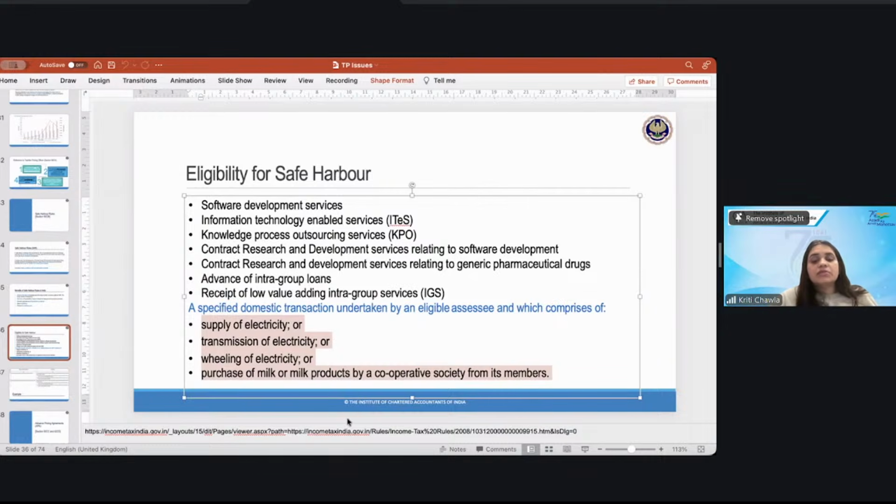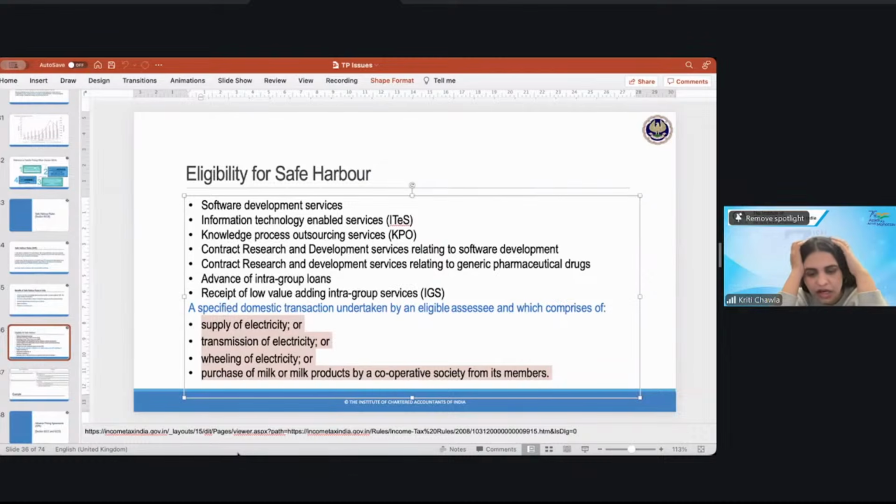Now, when it actually comes to safe harbor, there was a point in time when they introduced safe harbor first. There was a lot of perspective that was shared from the industry, that the safe harbor margins that had been kept by the tax authorities were very, very high. And with time, they actually brought down the percentages.